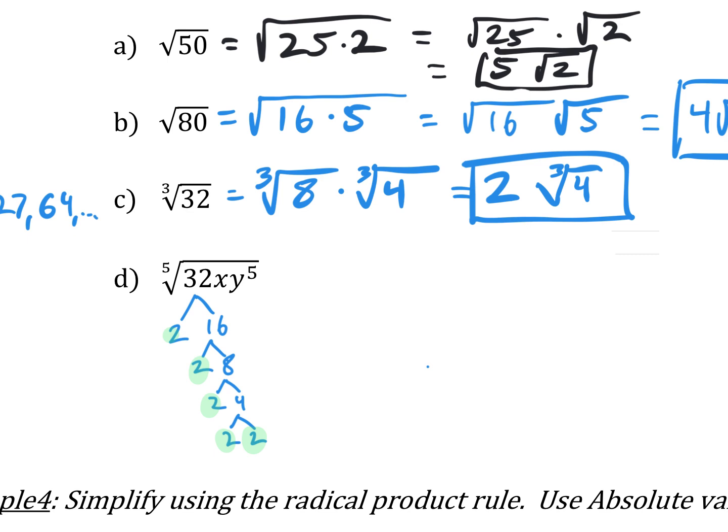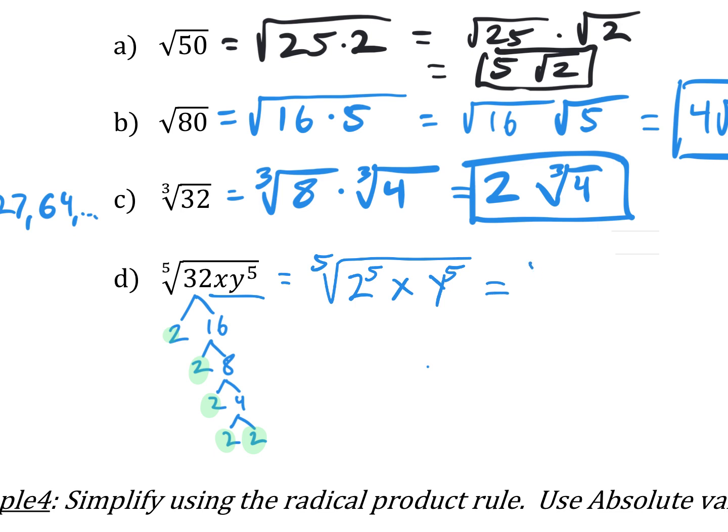Now we have 2 times 2 times 2 times 2 times 2. Notice that's 5 2's. So we can rewrite this as 32 is 2 to the 5th, x, y to the 5th. Okay, just copy that last part down. Now, how do we simplify this?